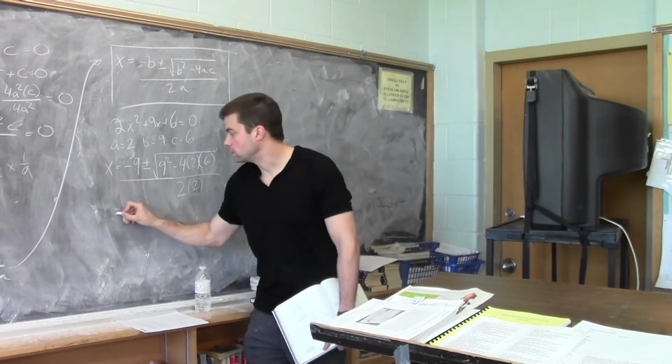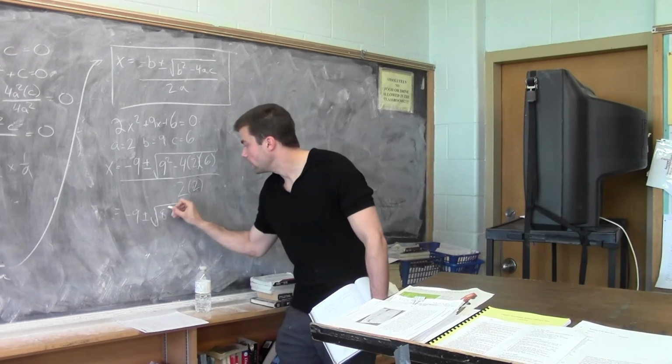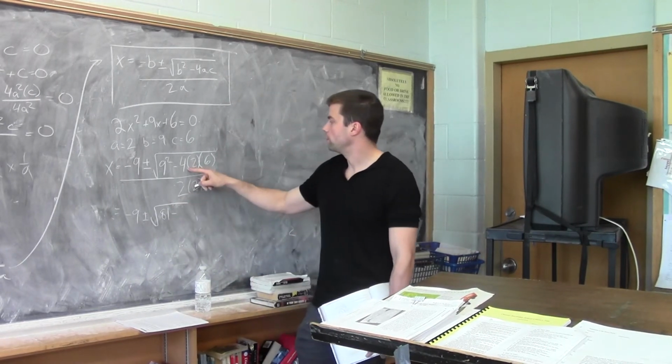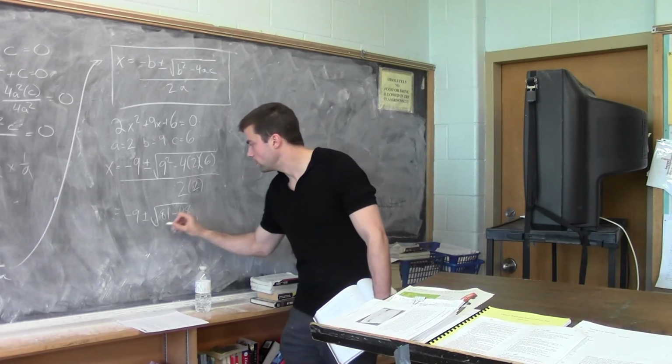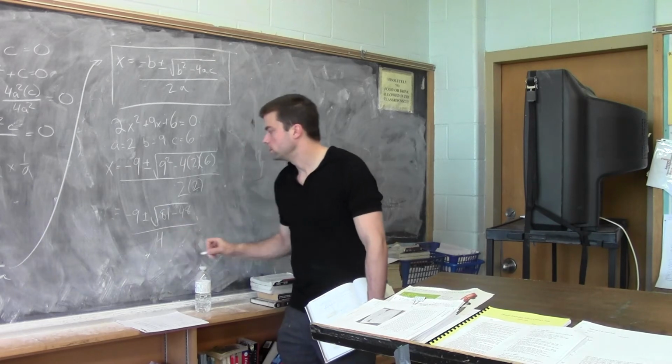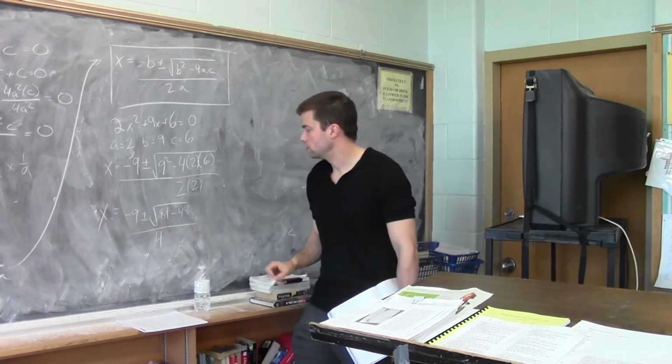Now you can just solve using your calculator, most of you: plus or minus square root of 81 minus 4 times 6 is 24 times 2 is 48, so minus 48 all over 4. Remember, these are your x values.